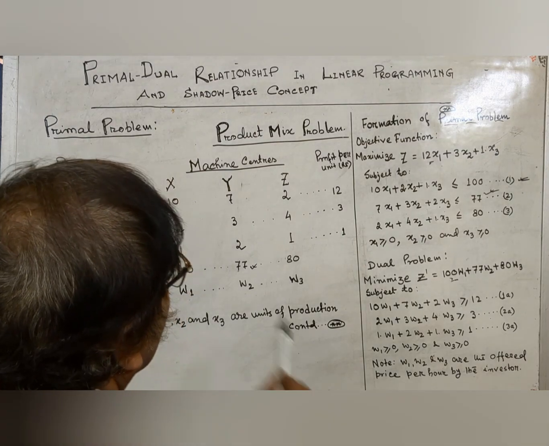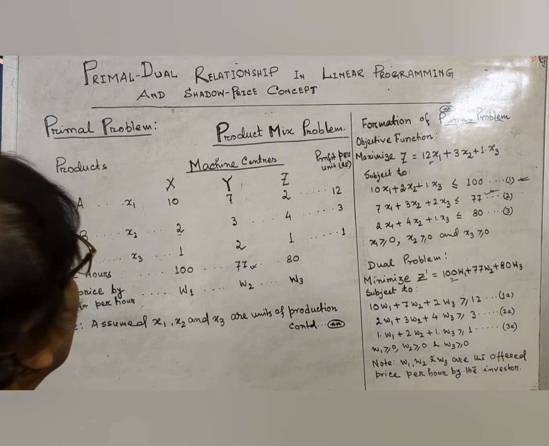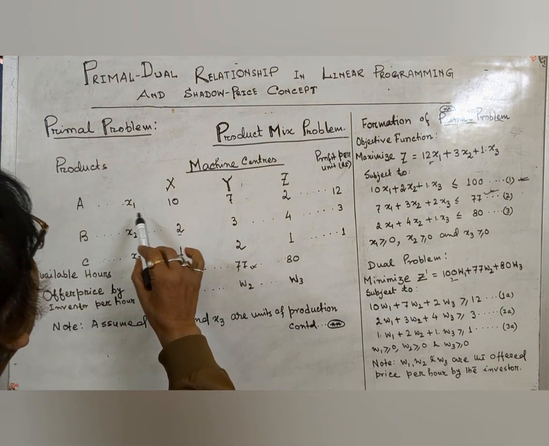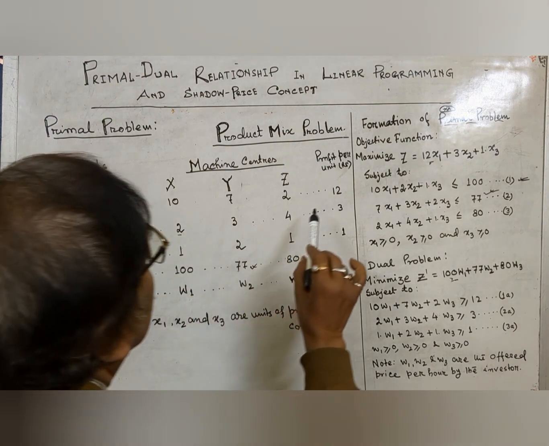The manufacturer will have no objection to selling the resources if he gets, per unit of production of A, at least rupees 12.